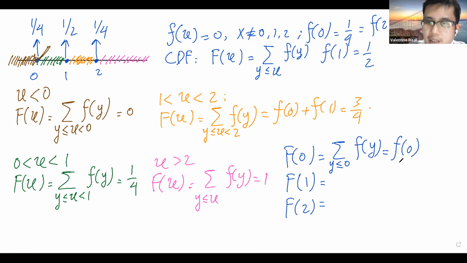And only f(0), because the only y which fulfills this condition is y equals 0. So it is a quarter, and then with similar reasoning, the value of F(1) is 3/4, and the value of F(2) is 1.